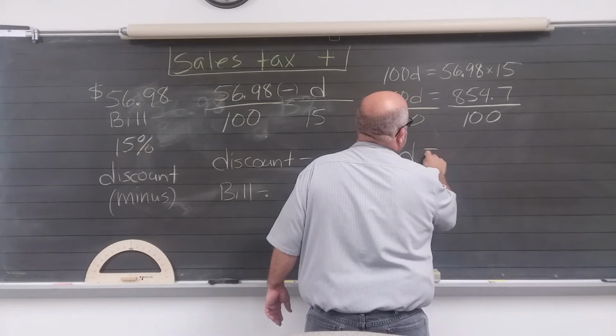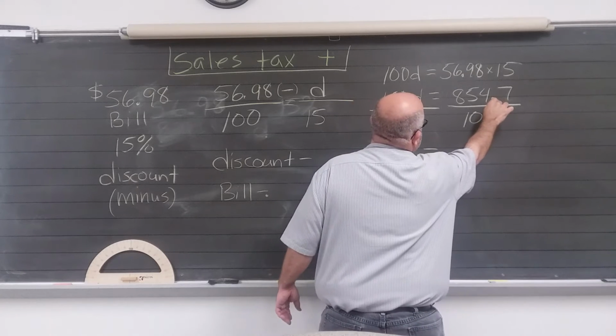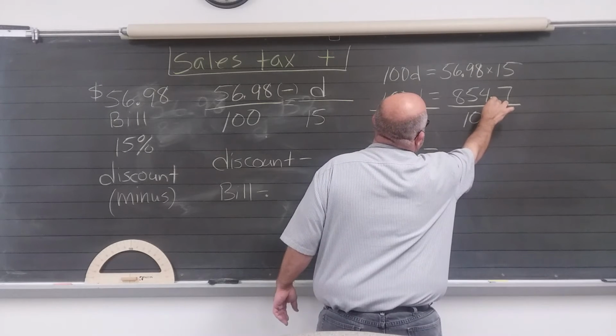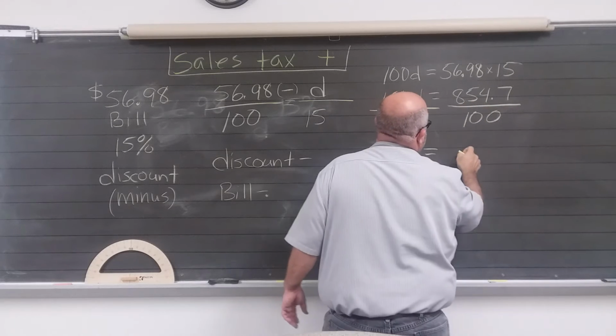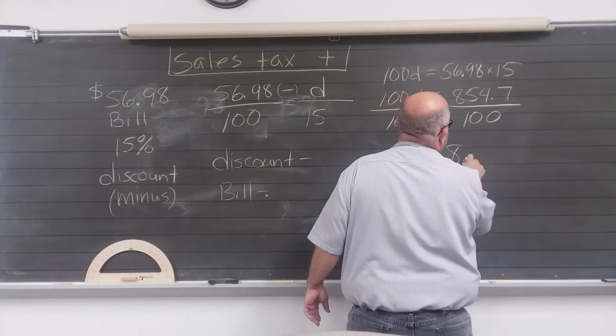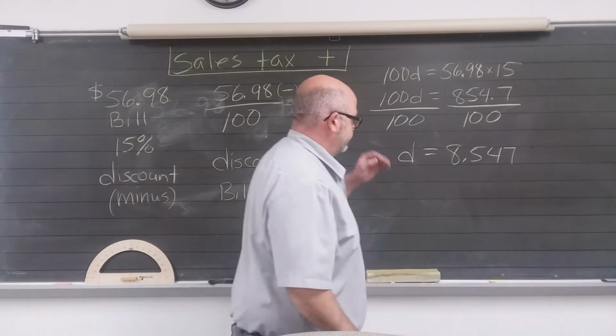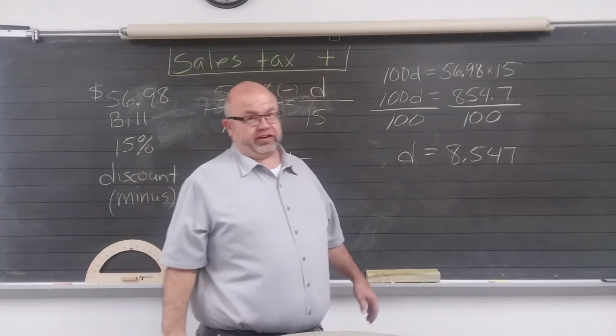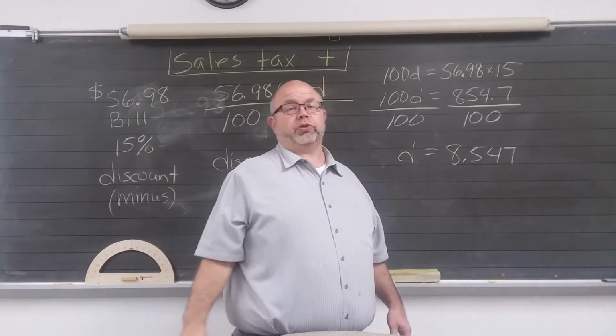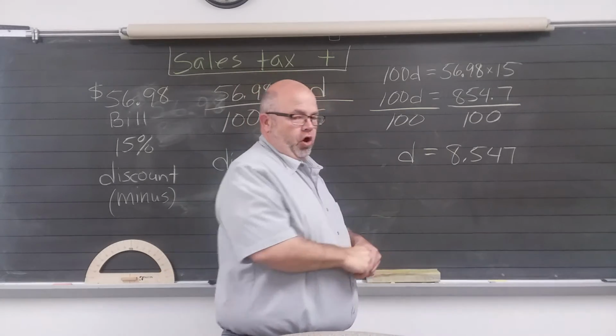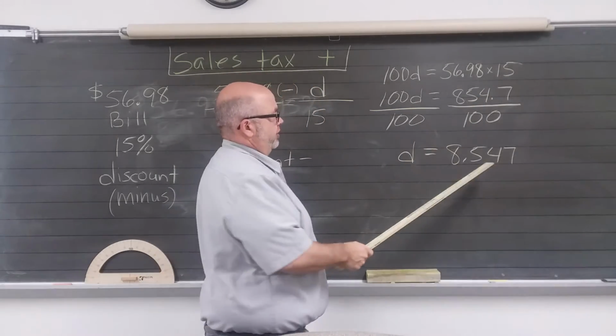D equals, divide this by 100, you're simply moving the decimal point 2 places. 1, 2. So that would be 8.547. What do we do with that to find the discount? Okay, you're working with money, so round this off to the nearest hundredth.